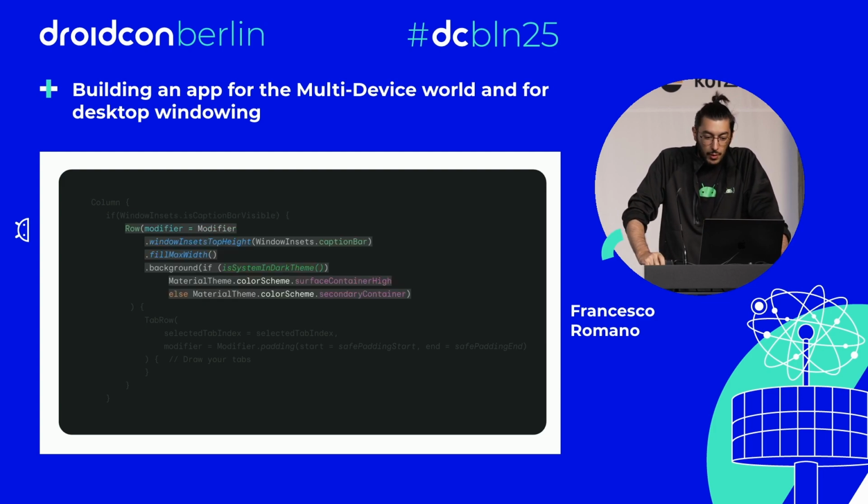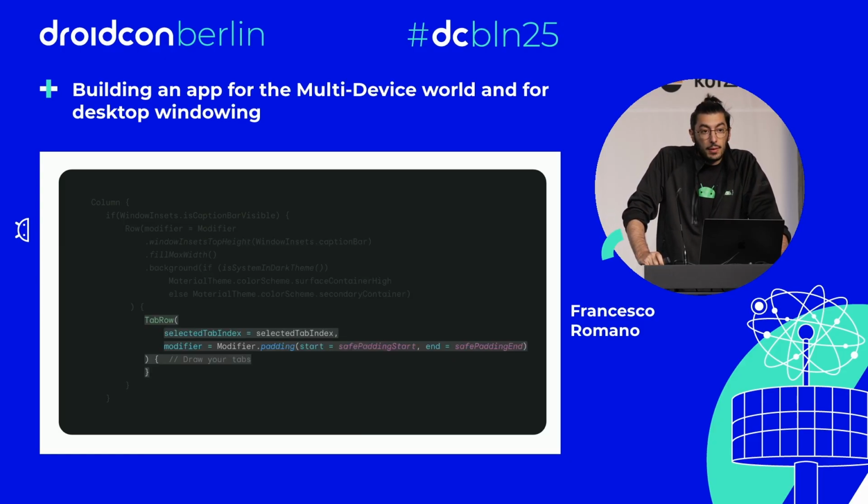Going back to the code, if there is a caption bar, we draw a row that has the same dimensions of the header bar. We set its background, and then we add our tabs within it. We also need to avoid overlapping with the system components, like the app logo and the window controls on the side.